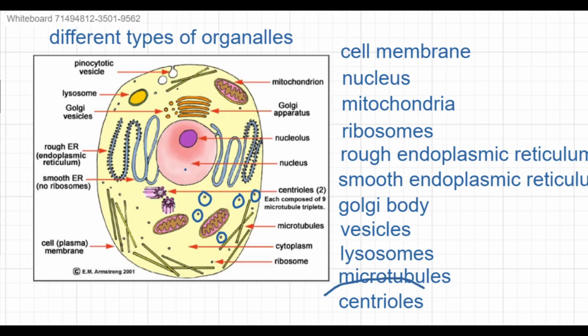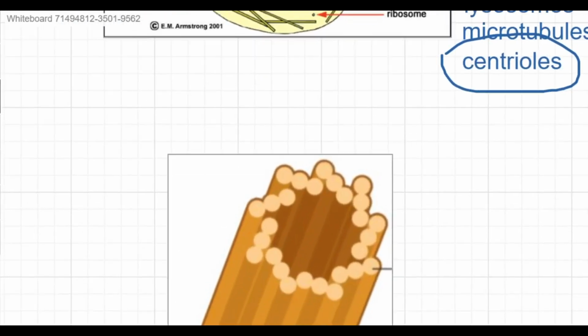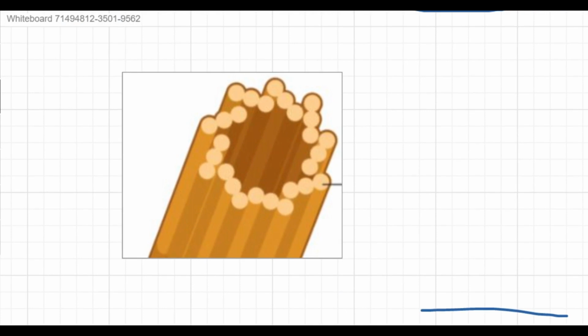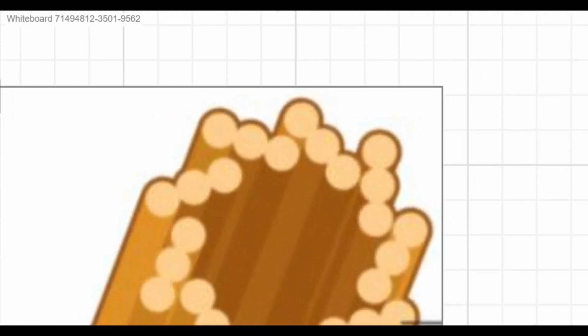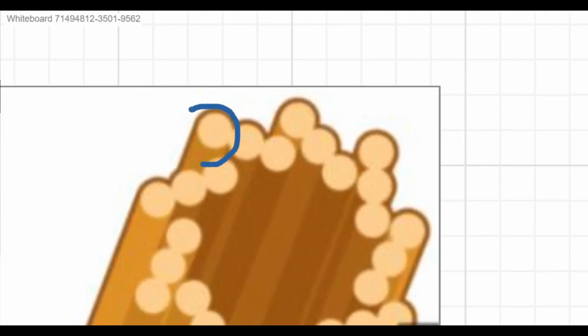The last thing that you need to know about animal cells is the centriole, and the centriole is made up of 9 triplets of microtubules. So this right here is a microtubule, this right here is a microtubule, this right here is a microtubule.